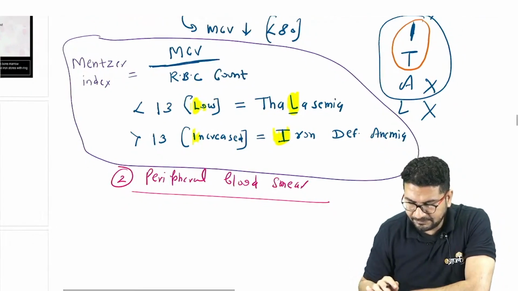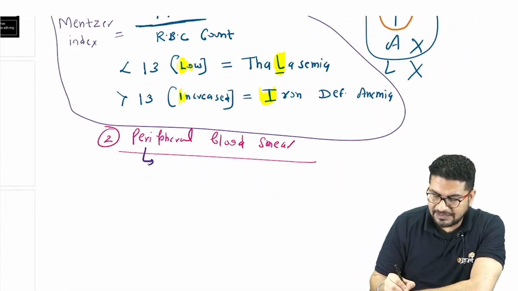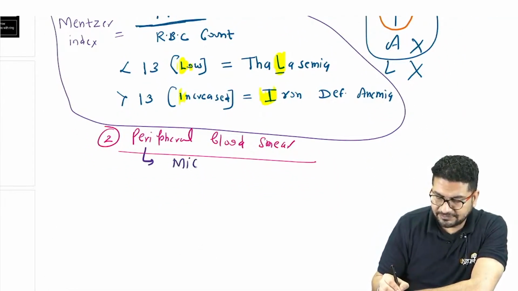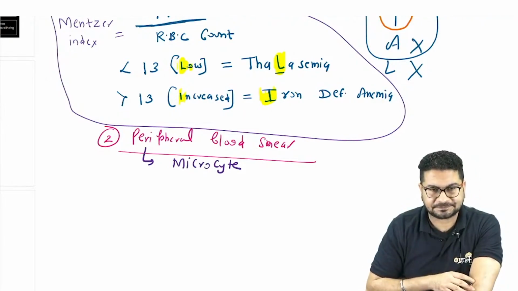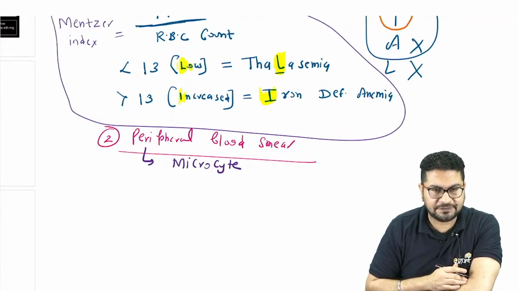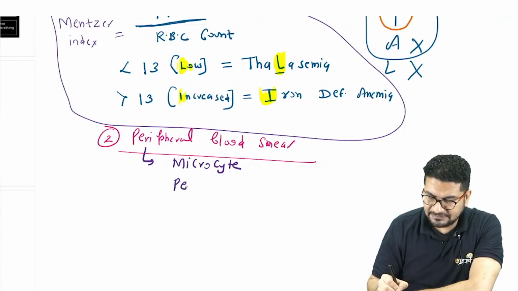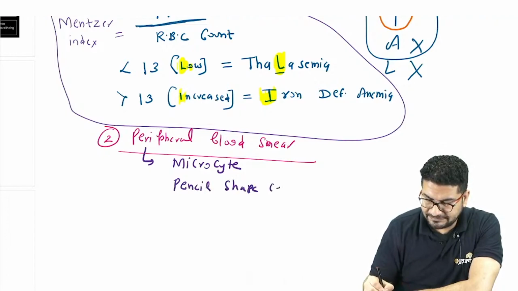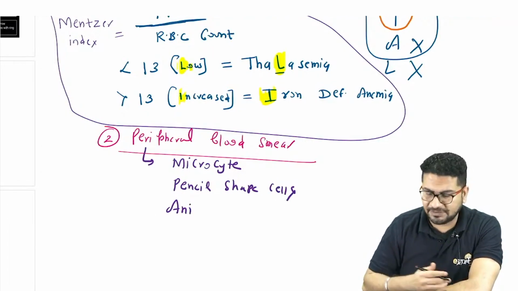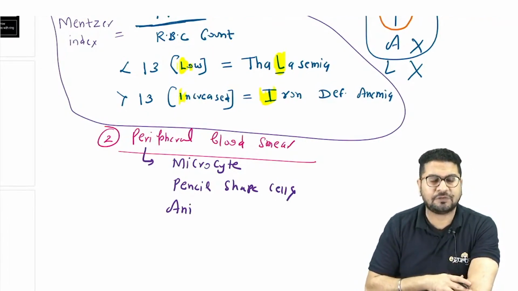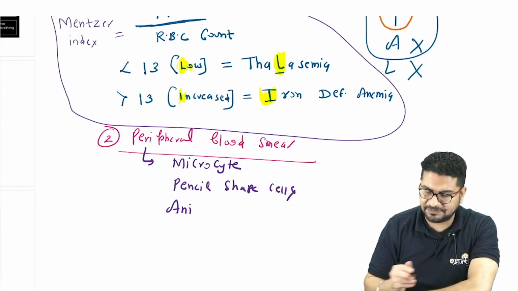What will you see in the peripheral blood smear in iron deficiency anemia? You will see microcytes, meaning small RBCs. Sometimes you will see pencil shaped cells, and you will see anisocytosis. We can call this blood smear, peripheral blood smear, or gross blood picture, GBP.